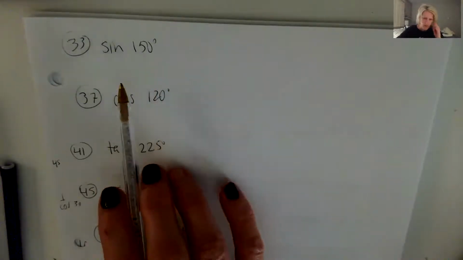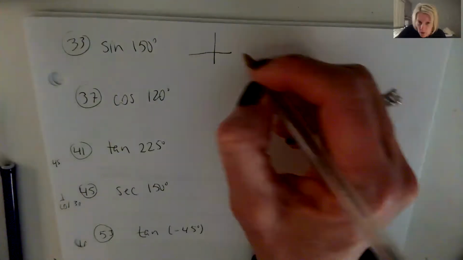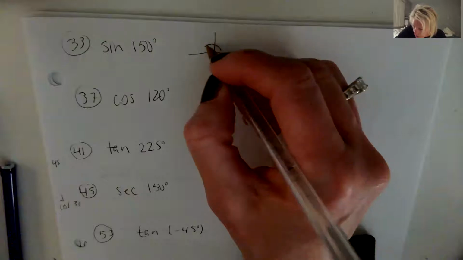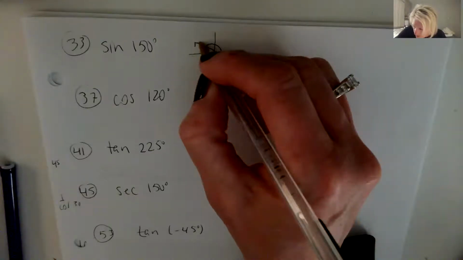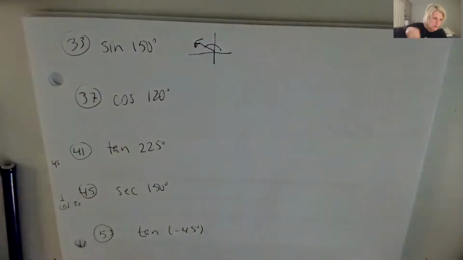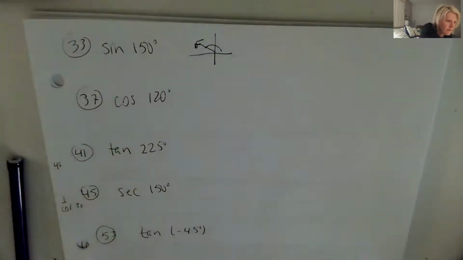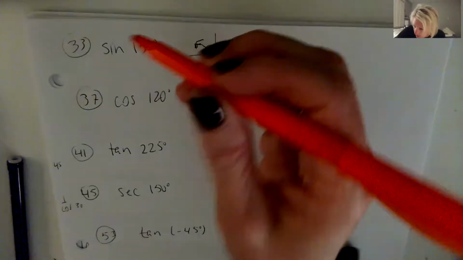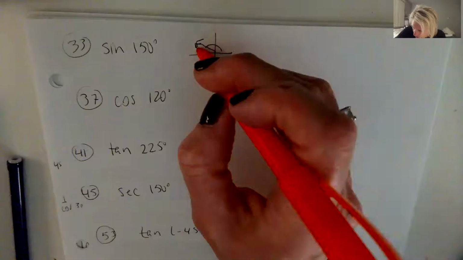To do that, it's best if we know its reference angle. So 150 is going to be in the second quadrant here. And so that means its reference angle is, I'm going to highlight it so you can see, really going to be this angle right here.